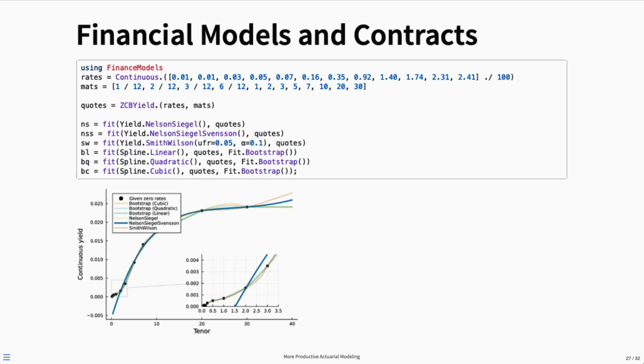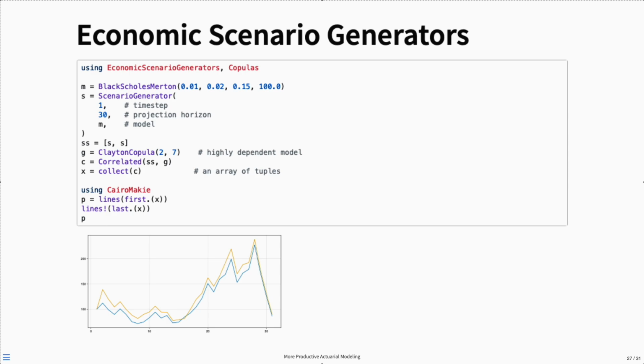Definitely encourage you to check out the documentation to see just how extensible and powerful this library is. Another package which I would describe as more, I'd say it's beyond the proof of concept stage, but it's more of a technical preview, is EconomicScenarioGenerators.